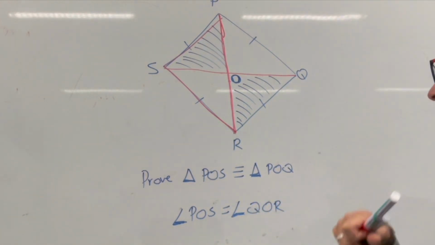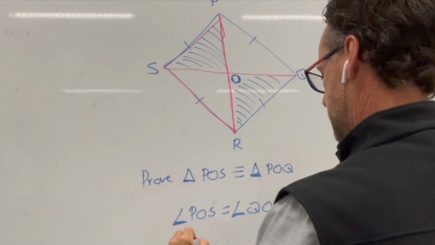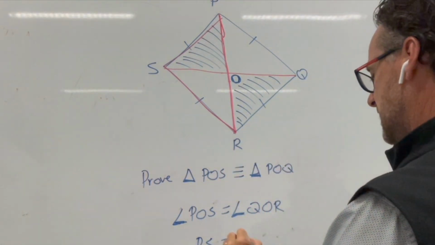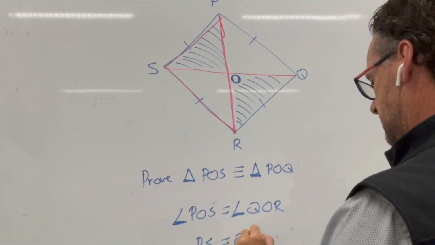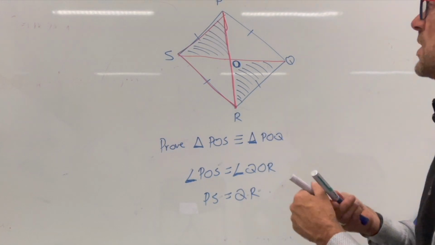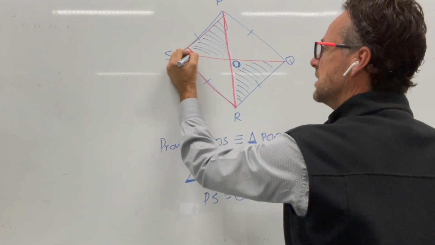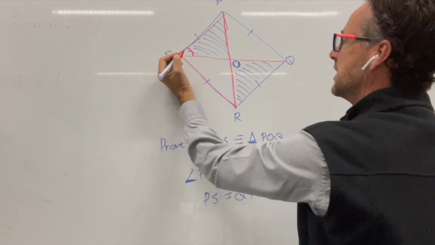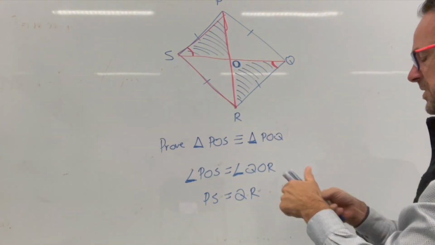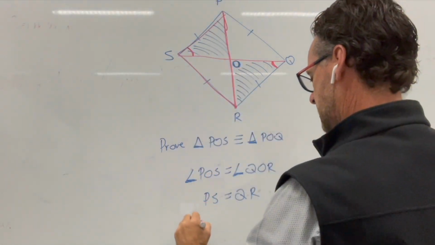Okay. We have the side length here, PS, and it's equal to the side length here, QR. Okay, and then we can go with one of the alternate angles here. So we can say that this angle here is going to be the same as this angle here. So we can go with the angle here, angle PSO.